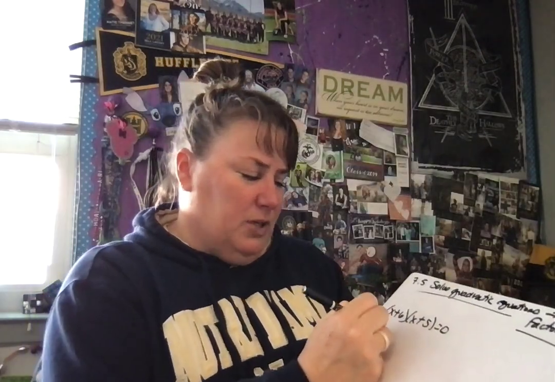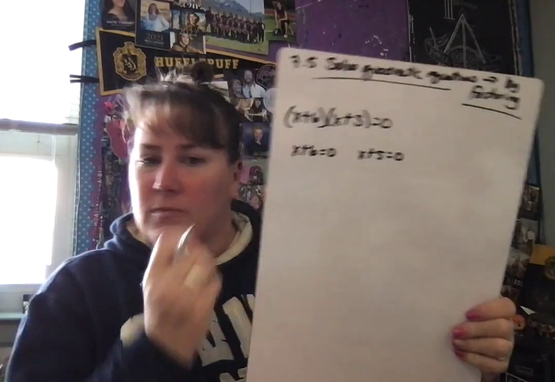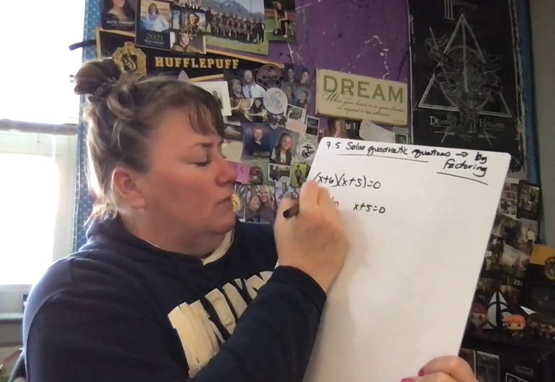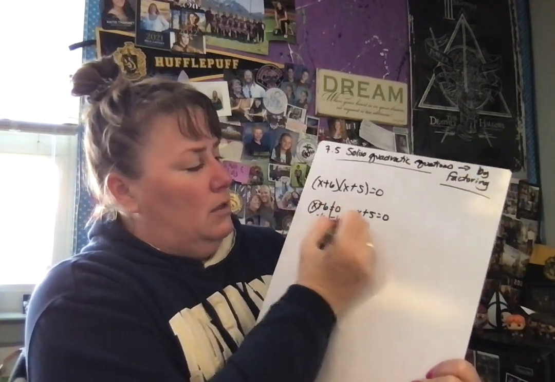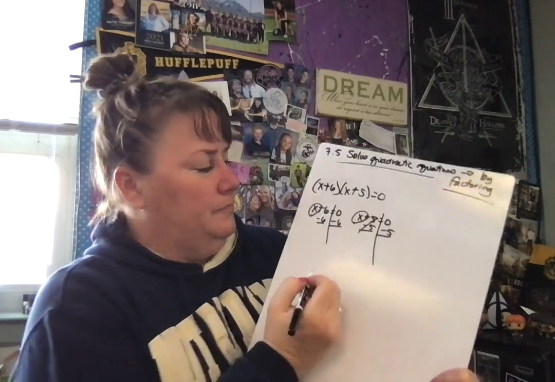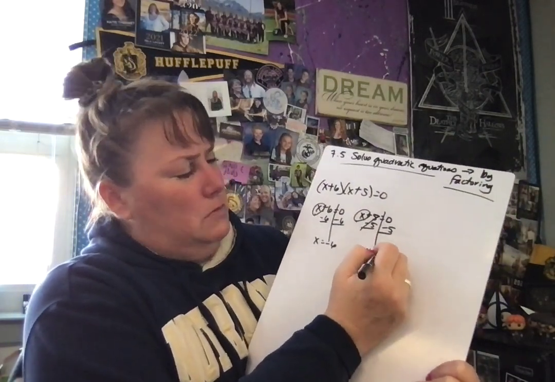So you have x plus 6 equals 0, x plus 5 equals 0, and then solve for x in both. Draw fence, circle the variable, subtract 6. Do the same thing over here, except subtract 5. So you have x equals negative 6, and x equals negative 5.